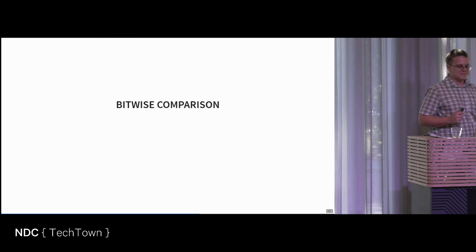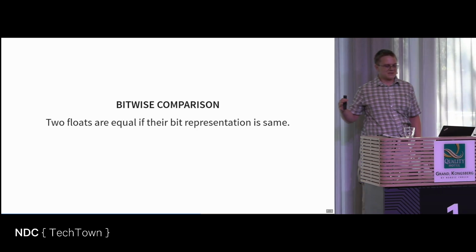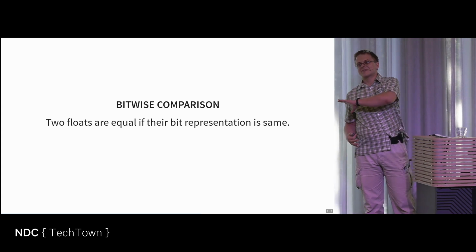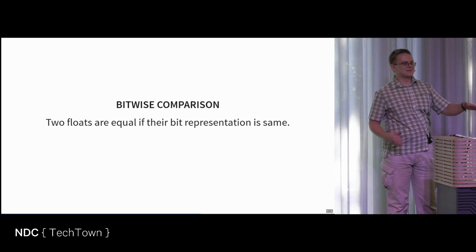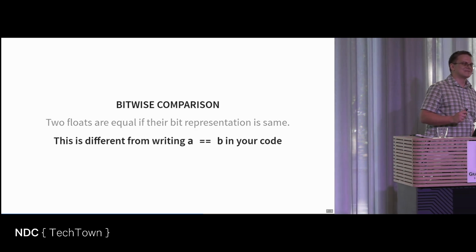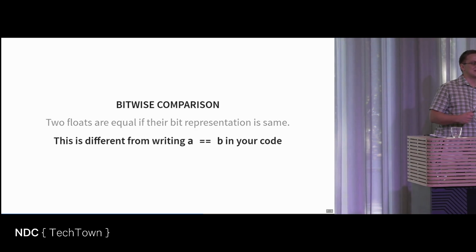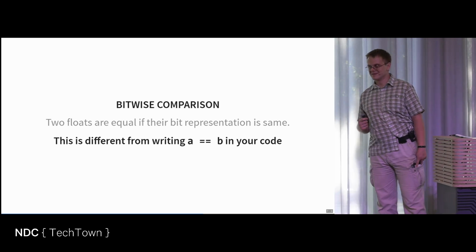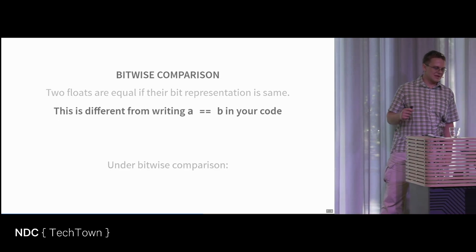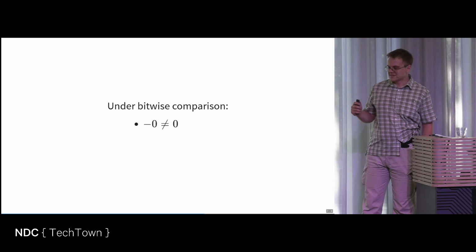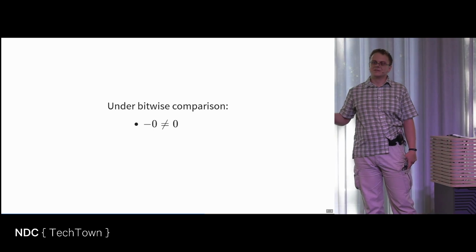Let's start with bitwise comparison. It says that 2 floats are equal if their bit representation is the same. Just forget they are floats. Now there are bit fields, compare the bit fields, you are done. This is not the same as what happens if you write A equals B in your code. This is different. Okay? And under bitwise comparisons, you have some fun stuff. First is that -0 and 0 are not equal.